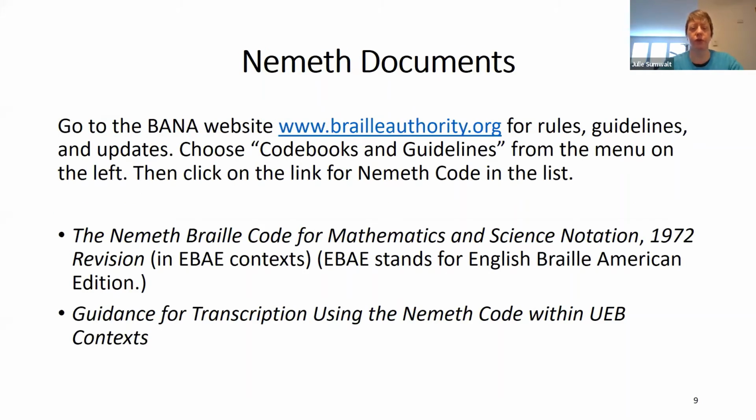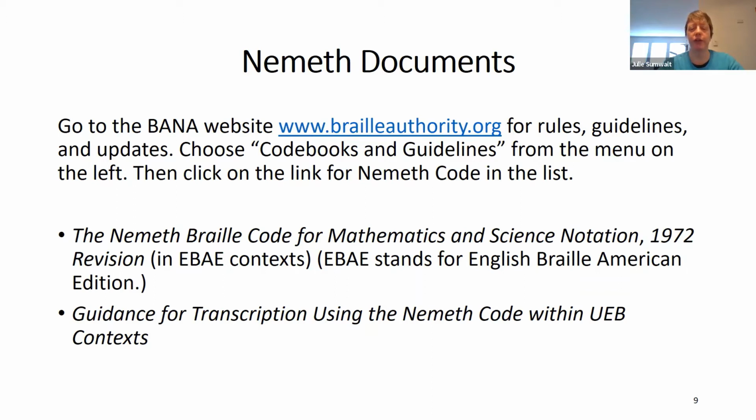So to reiterate, you go to the BANA website, brailleauthority.org, for any rules, guidelines, and updates. From there, you choose code books and guidelines from the menu, and then click on the link for the Nemeth Code in the list. That's where you will find the two major documents that you need now, the Nemeth Braille Code for Mathematics and Science Notation 1972 revision.